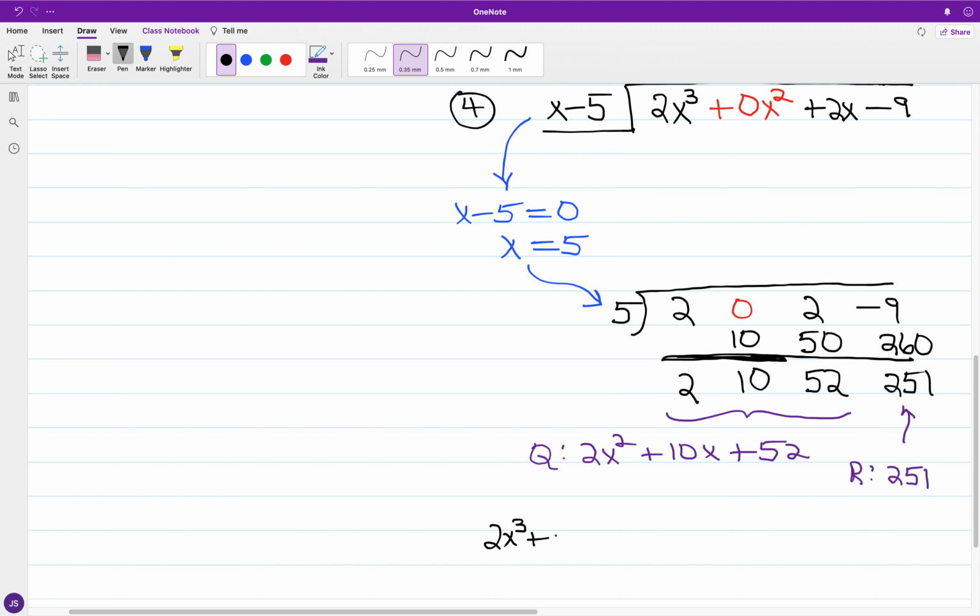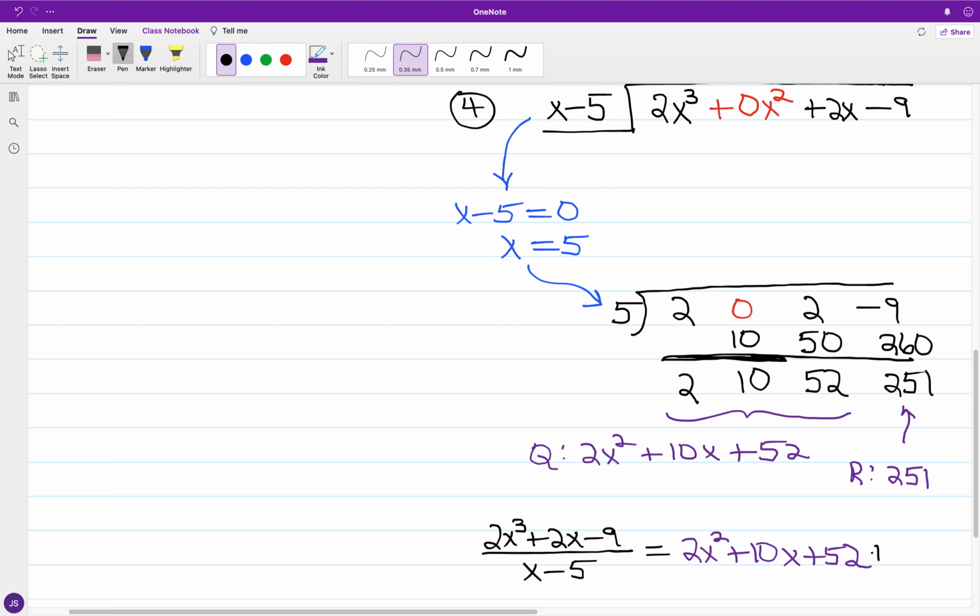So you have 2x cubed plus 2x minus 9 over x minus 5. This will come out to 2x squared plus 10x plus 52.